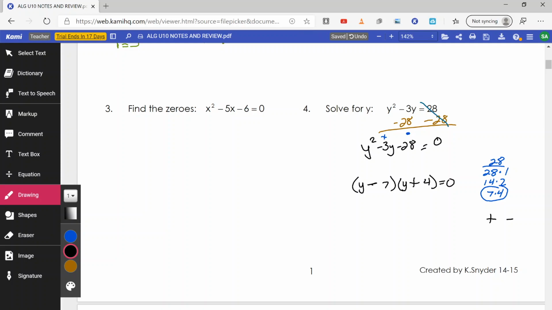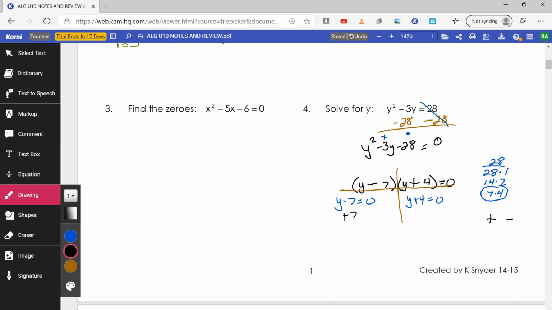So negative 7 times 4 gives me negative 28. Negative 7 plus 4 gives me minus 3. So we're good there. Next thing up, we need to figure out the values of y that give me an answer of 0. So a t-chart is created. I'm going to separate the two and set each one equal to 0. So y minus 7 equals 0 and y plus 4 equals 0.